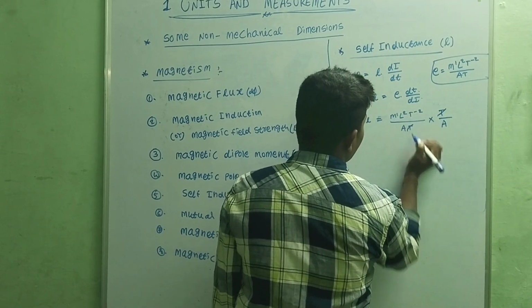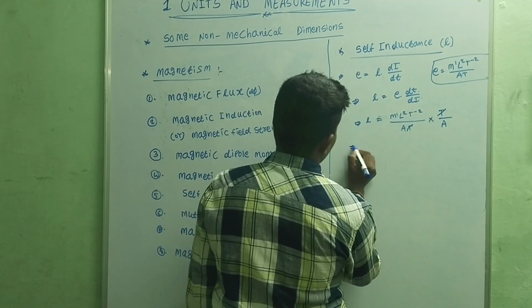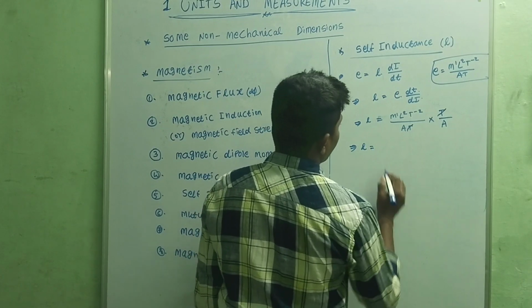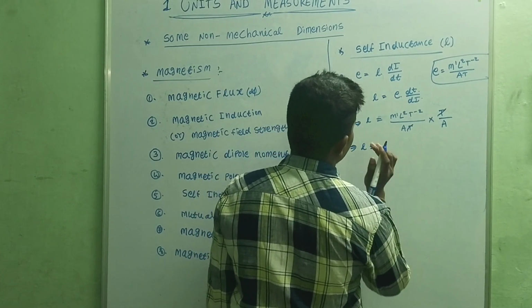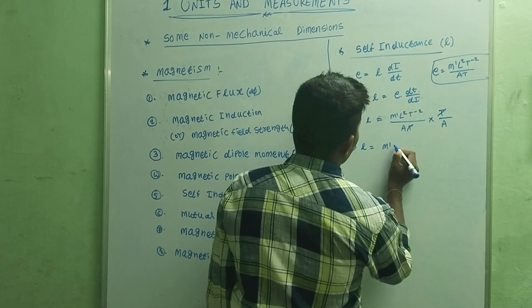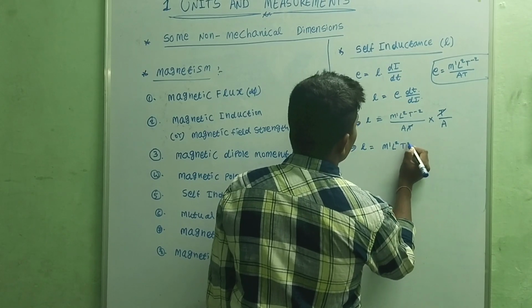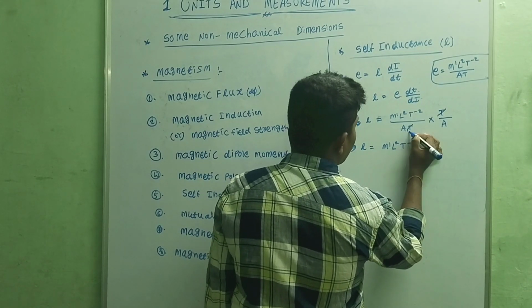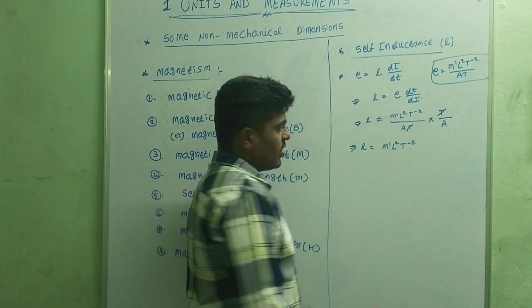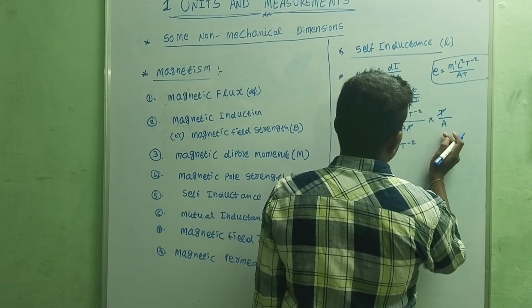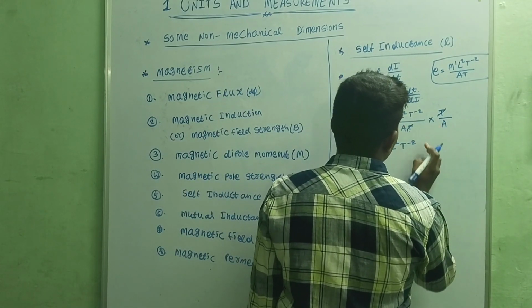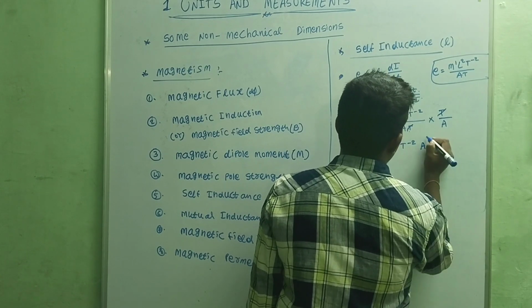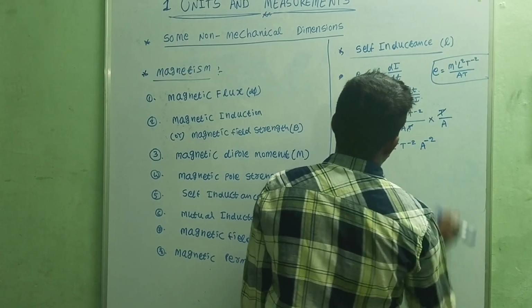Here T gets cancelled. So the dimensions of self inductance equal M1 L2 T minus 2 over A into A square. When A square goes to the numerator, the exponent becomes minus 2.